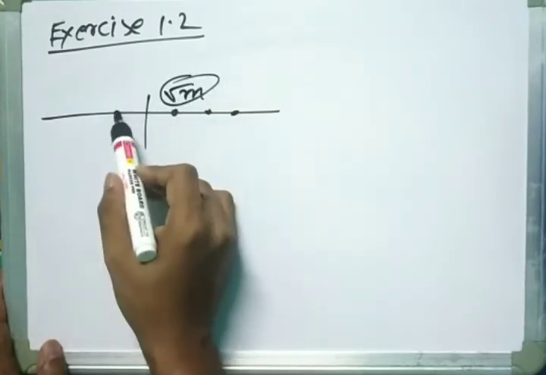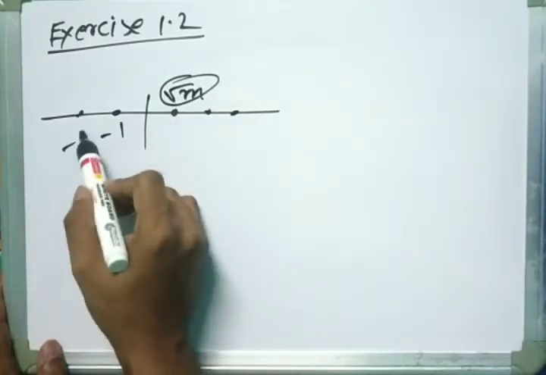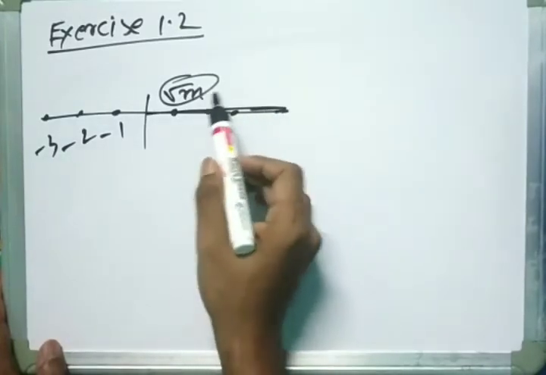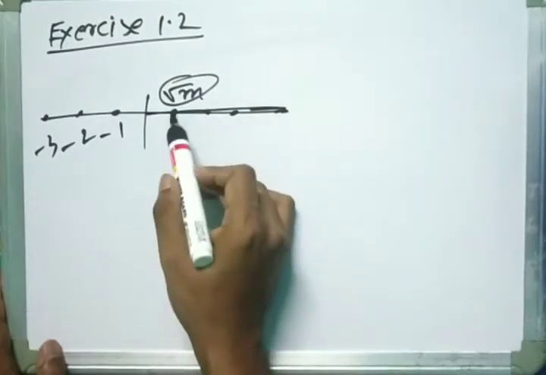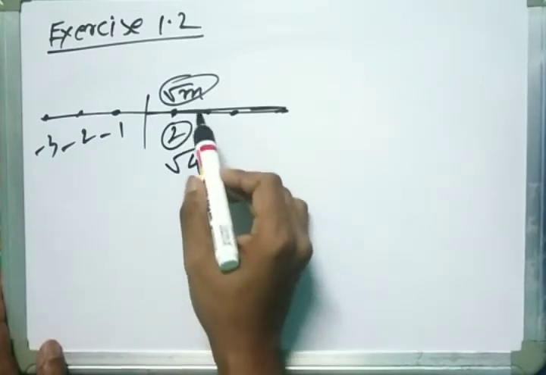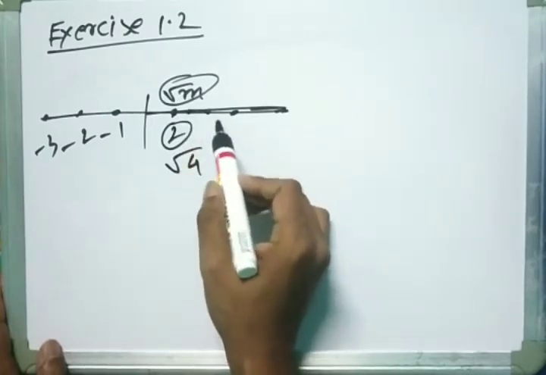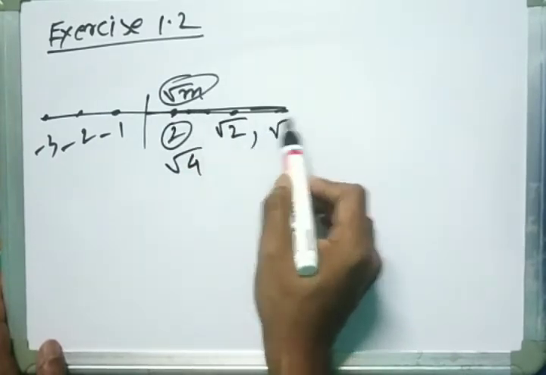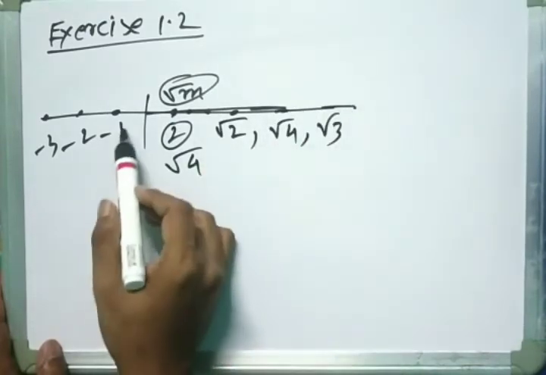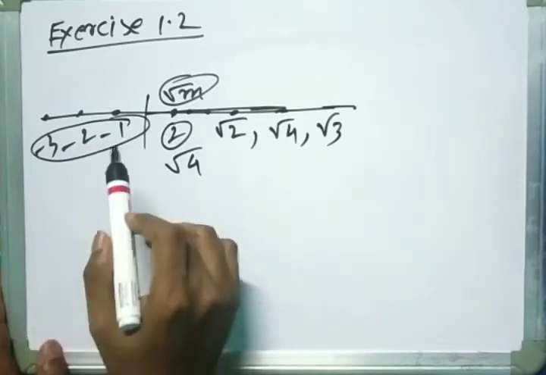No, the negative values -1, -2, definitely the positive values will be the root of some number, suppose 2, so definitely 2 is the root of 4, or you can also locate the value of root 2, root 3 in the positive direction, but we cannot locate the negative numbers, right?